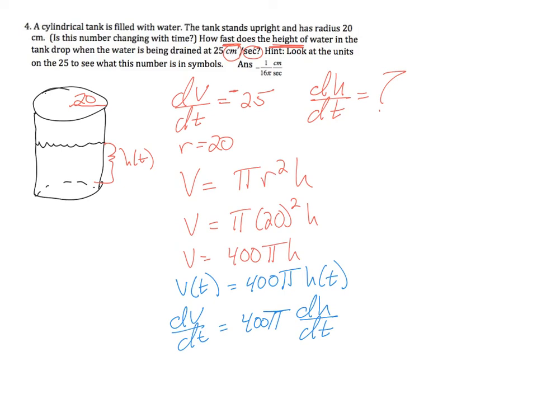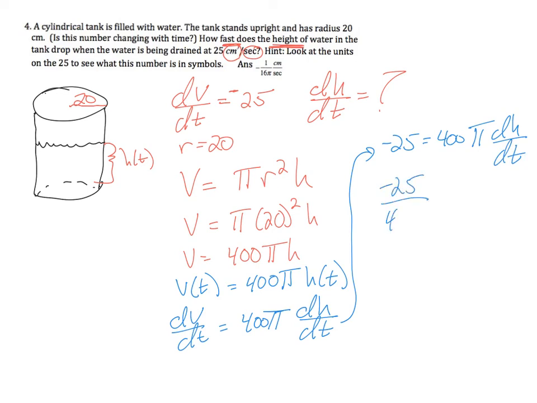Okay, now I'm going to put in what I know and solve for what I don't know. So I'm going to say dv dt is negative 25 equals 400 times pi times dh dt. Solving for dh dt, I'm going to divide both sides by 400 pi.